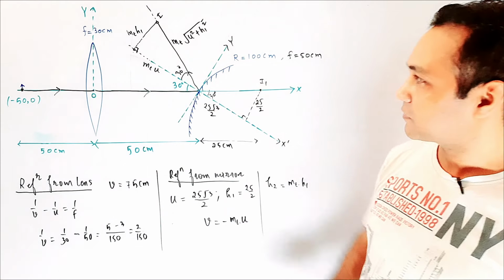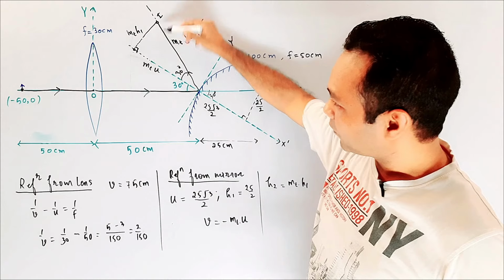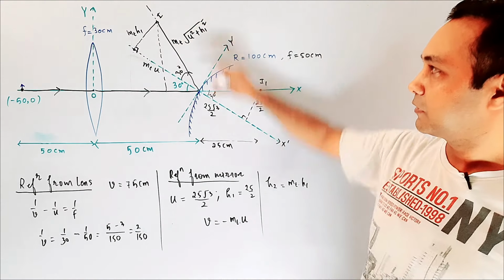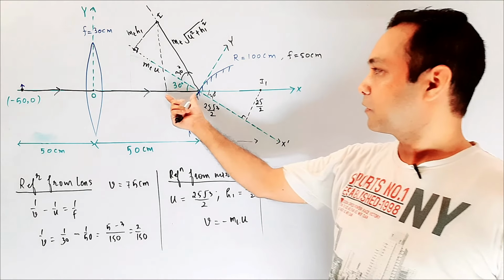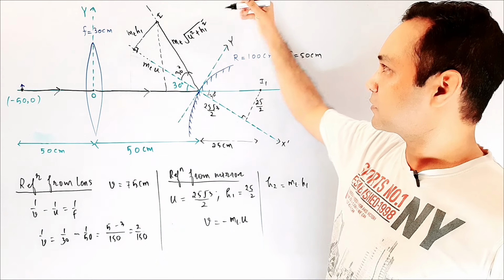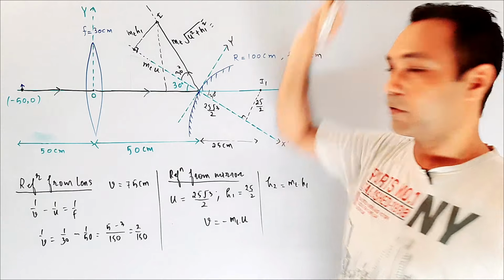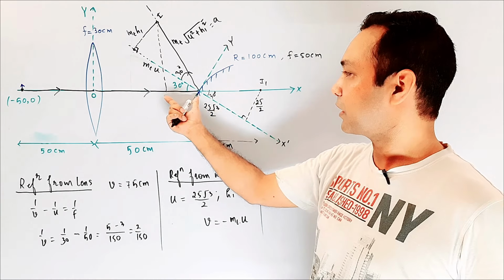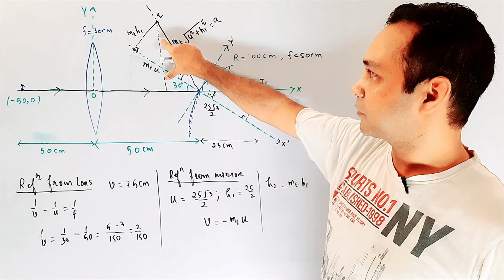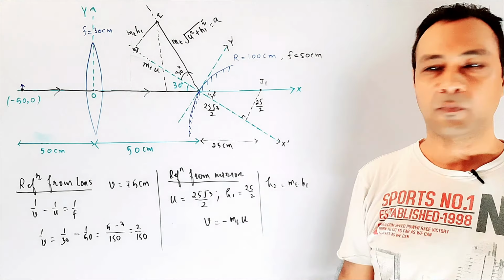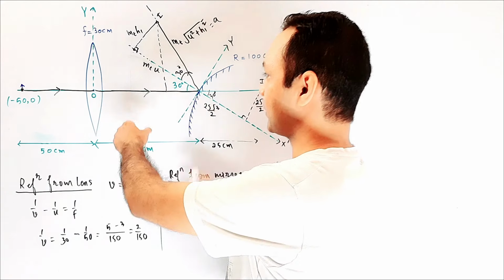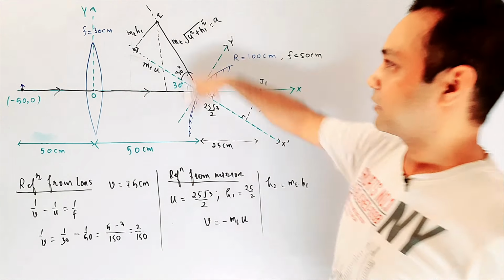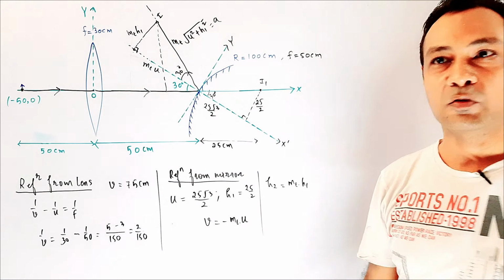So if this angle is 60 degrees, now from here what we can do is find the coordinates. Suppose this length is a, so that would be a cos 60, and this will be a sin 60, and this length is 50, so the x coordinate is 50 minus a cos 60, and the y coordinate is a sin 60 only.